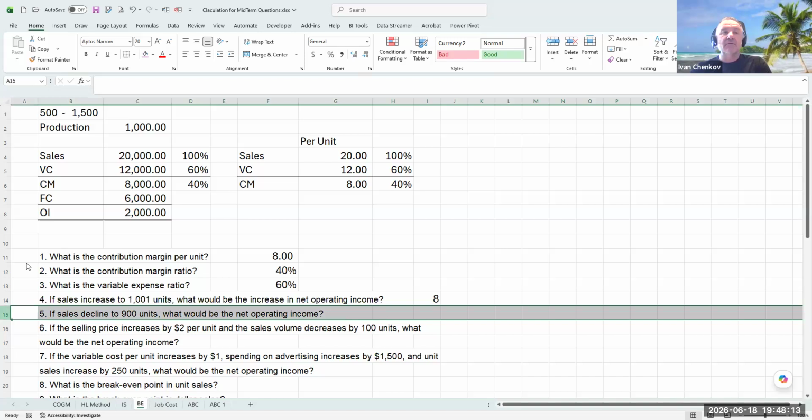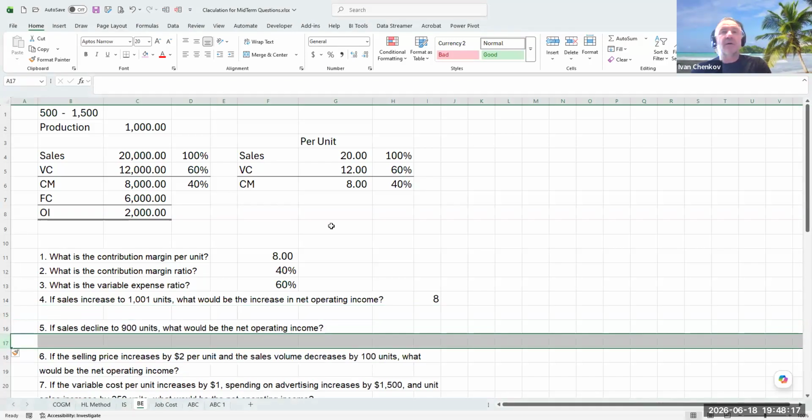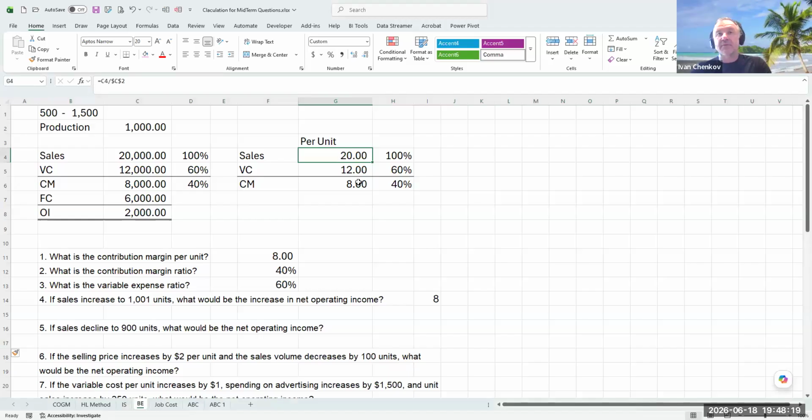Now, for this, we need a few things. Again, this is per unit. This is if we're selling 1,000 units. What do we know? Sales price is not going to change. Variable cost is not going to change. So what else is not going to change? Contribution margin. So do I have to prepare the entire statement? No. What do I know?